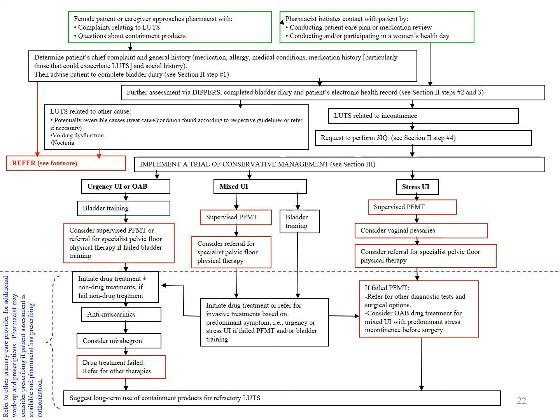At the red points, that is where a pharmacist could refer to someone else, but you'll notice there are lots of black parts of this diagram, which is where a pharmacist could act in terms of making lifestyle recommendations that you're going to cover with the nurse, doing some assessments, modifying some of the medications, and perhaps even prescribing treatment. So there's quite a role that pharmacists can play in the community, and we've also tested this guideline, and patients do want to learn more about how they can manage their incontinence.